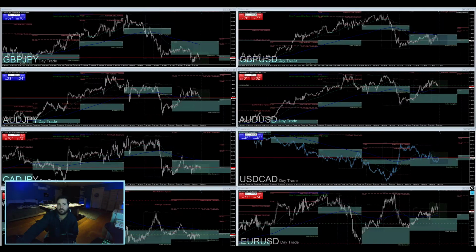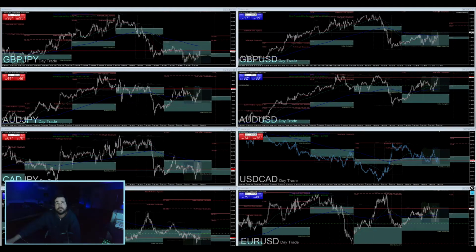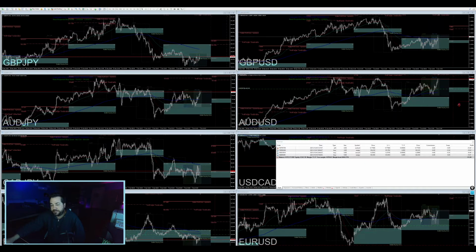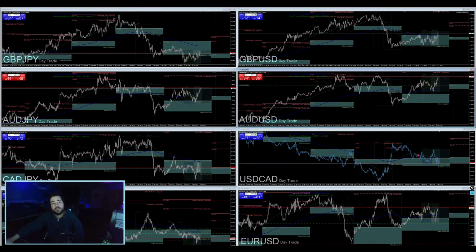Trade alert. All right, just woke up to the day trade alert. On the pound dollar, I'm watching that we're getting the break above, and I'm going to wait for the retest.